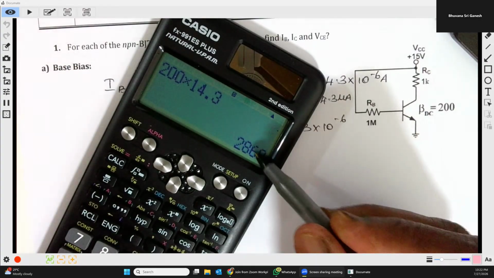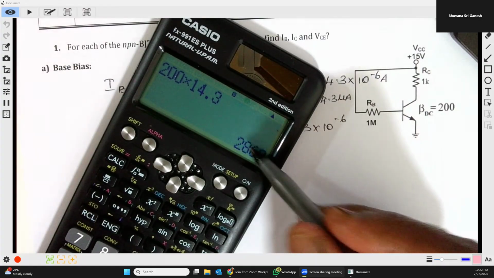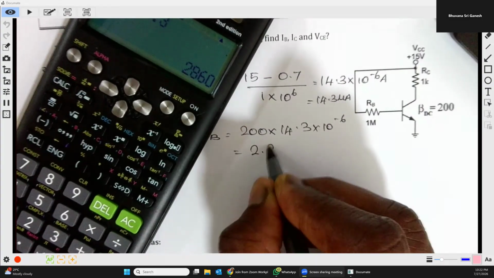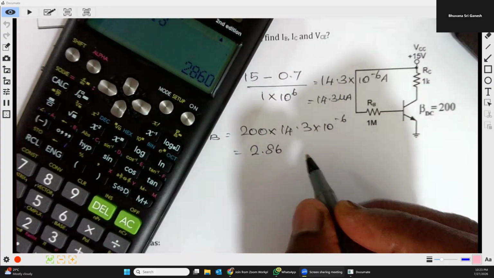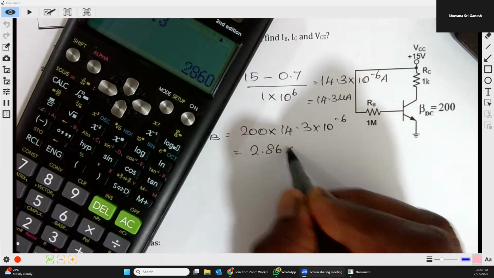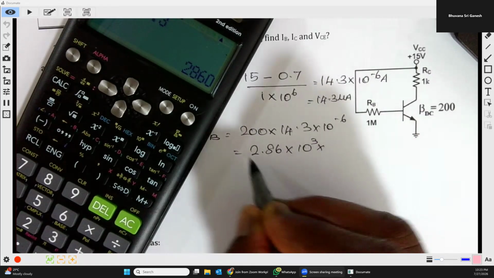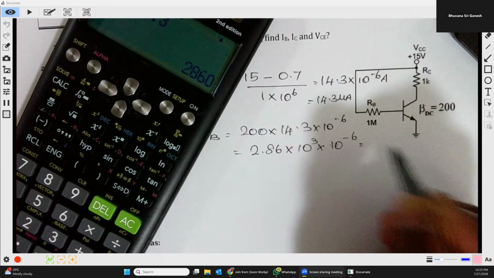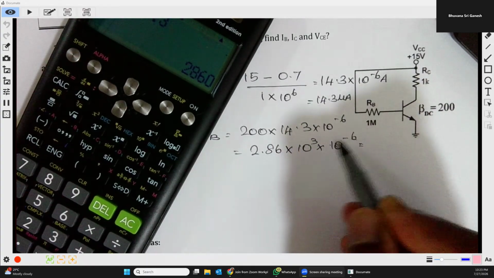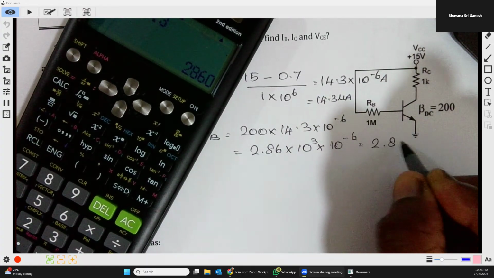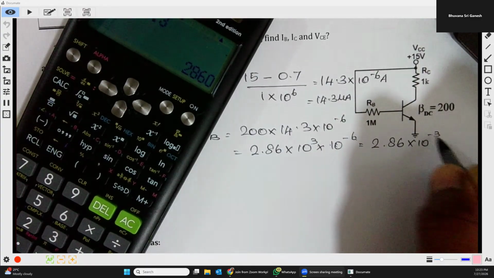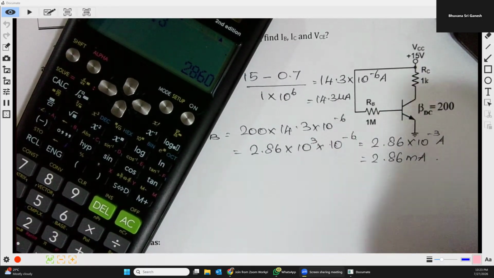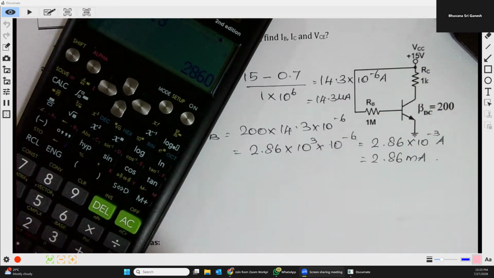So 1, 2, 3 places to the left, 2.86 times 10 power positive 3, right? 2860 times 10 power negative 6 becomes 2.86 times 10 power minus 3 amperes. That's equal to 2.86 milliamperes. So we have the value for IC now.